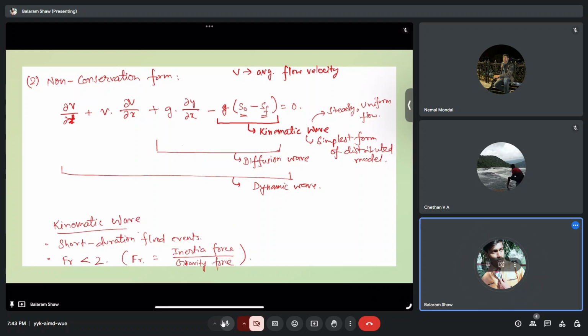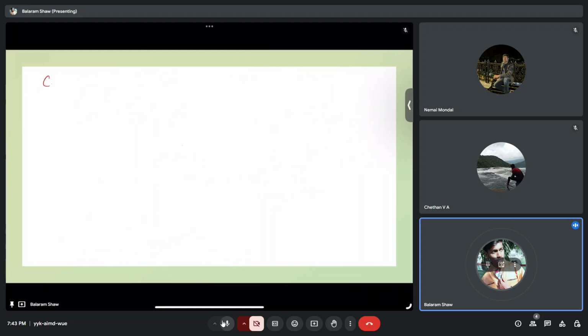So if you consider the kinematic wave models, the last term I think is the celerity term. What is celerity? Wave celerity, you call. Let's say there is still water, and now if you drop a pebble or something here, what will happen?